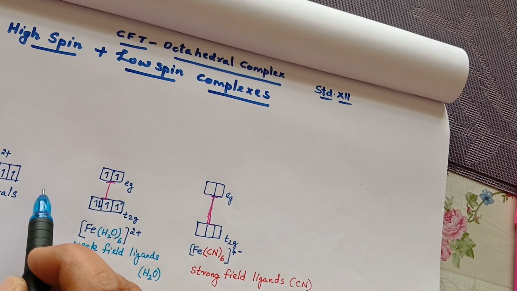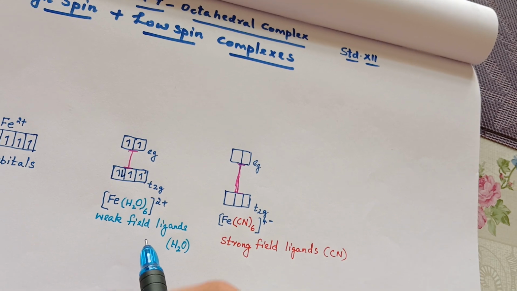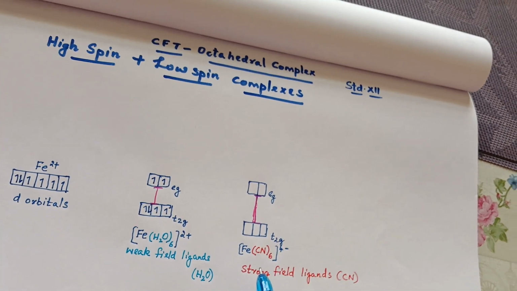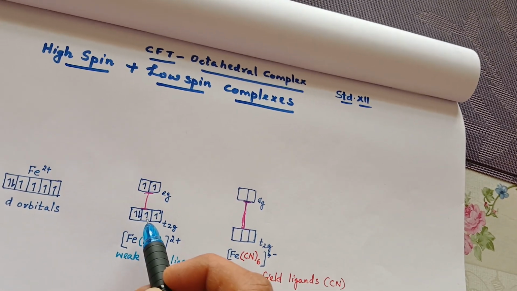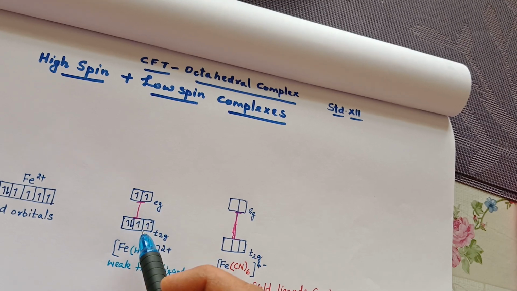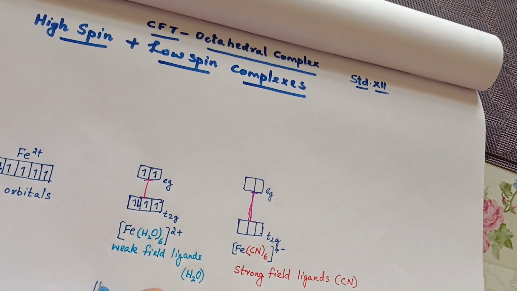So it is the fourth electron which will decide whether the complex is a high spin complex or a low spin complex. Here you can see there are 4 unpaired electrons. So it will be a high spin complex.